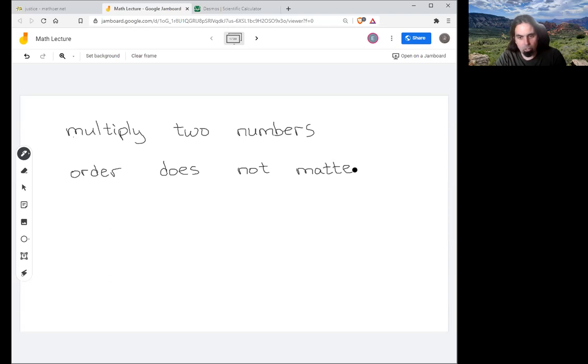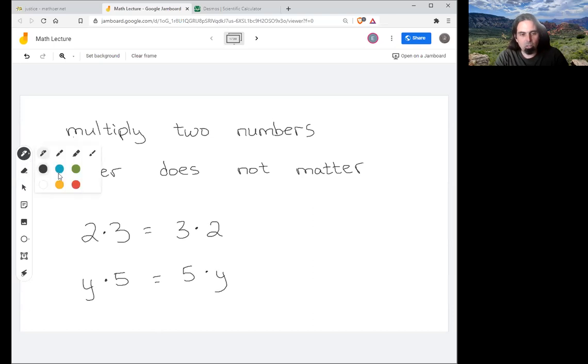Whether they're both numbers we know, 2 times 3 equals 3 times 2. Whether one of them is a letter, y times 5 equals 5 times y. It's okay to flip the order. And one way we thought about that was making rectangles.